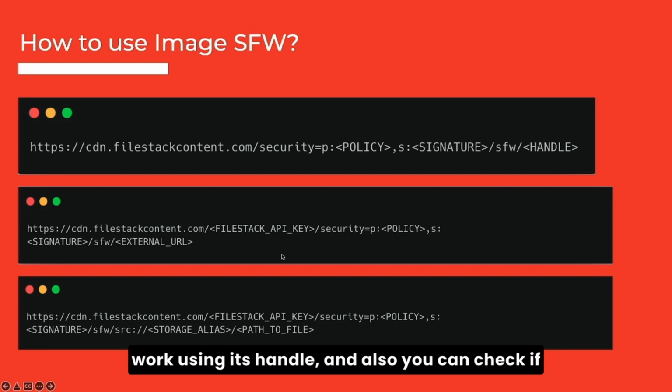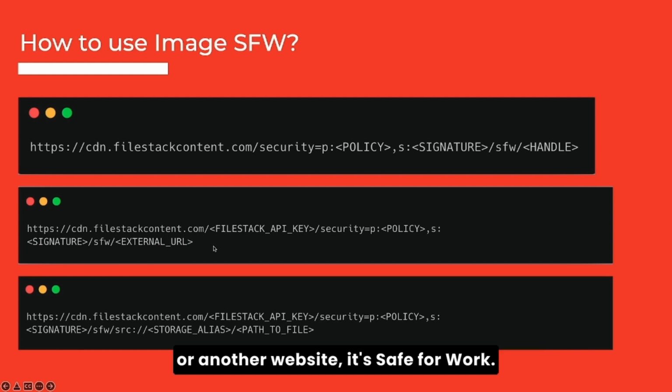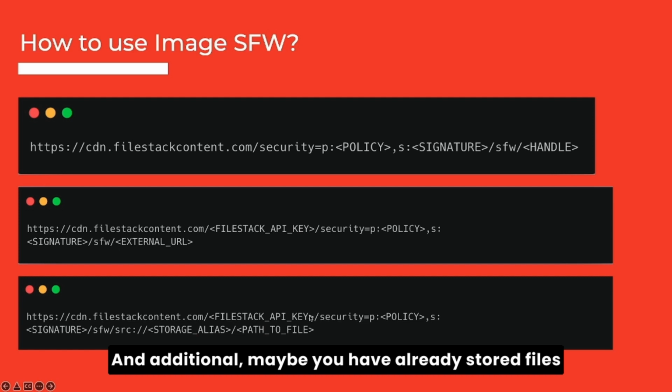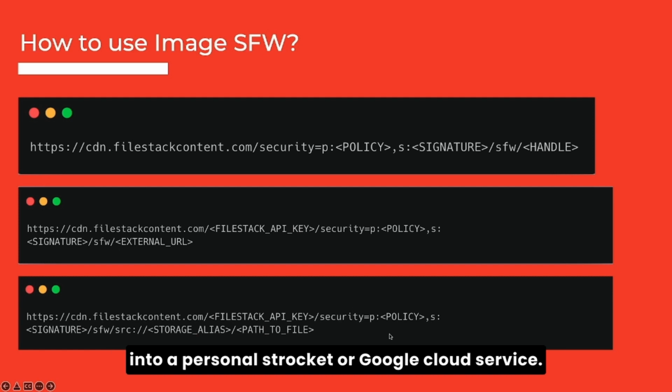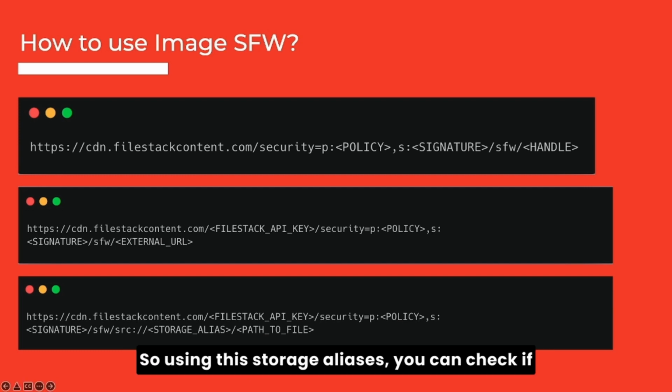And also, you can check if an image from an external URL, for example from Google or another website, is safe for work. And additionally, maybe you have already stored files in a personal S3 bucket or Google Cloud service. So using these storage aliases, you can check if that stored image is actually safe for work.